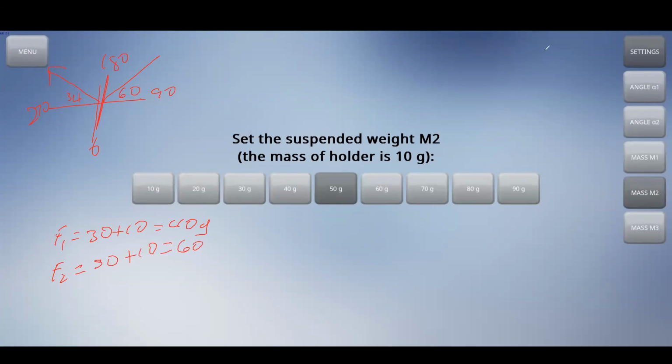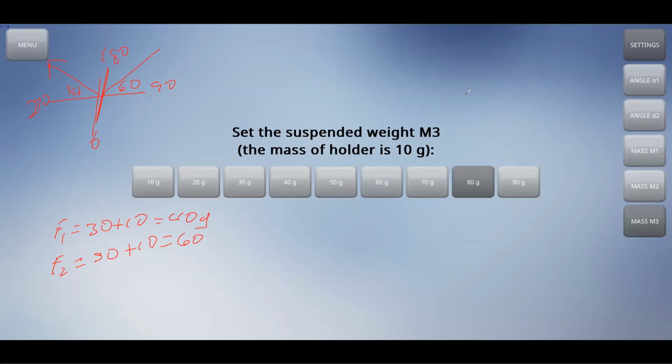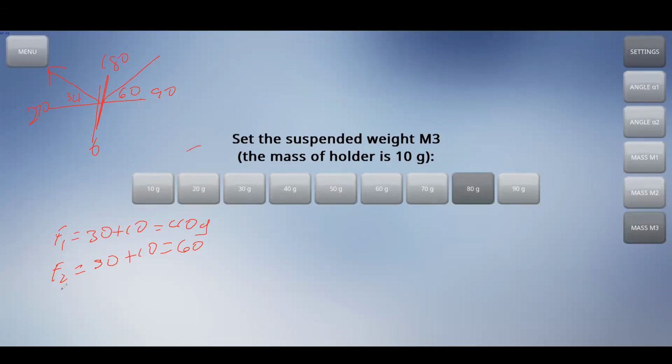And then the next one will be F3. I remember F3 is, you have the value, but you have to prove it. 90. So this is the one that you're really proving. You're proving that F1 plus F2 is equal to F3.